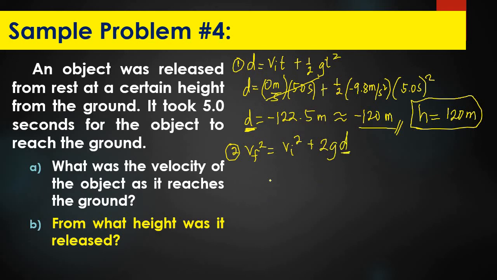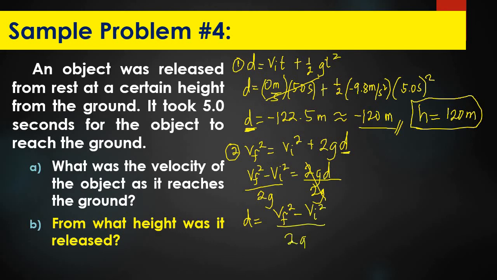We can transpose this one. Vf squared minus Vi squared is equal to 2gd. Divide both sides by 2g. Cancel. Therefore, D is equal to Vf squared minus Vi squared all over 2g.